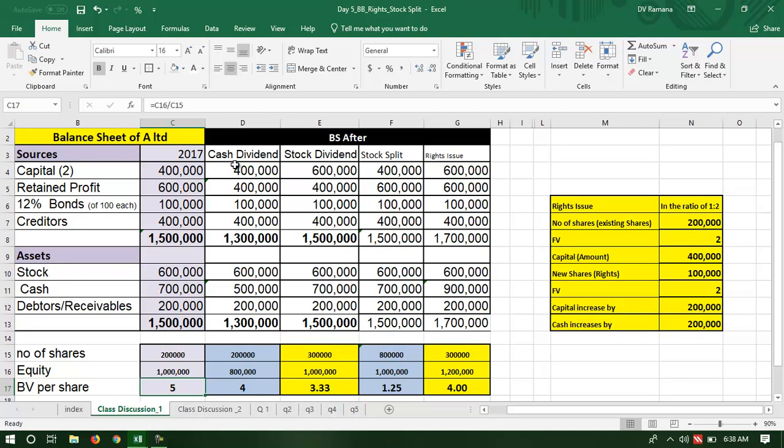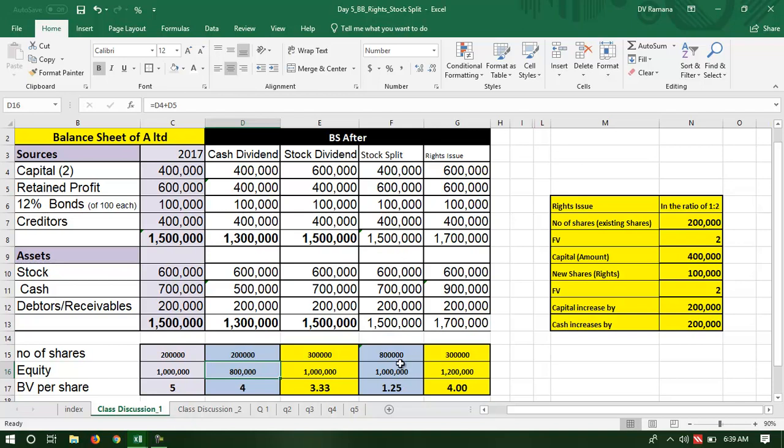In case of stock dividend, the book value has decreased because the number of shares has increased. In case of cash dividend, book value has decreased because the equity has decreased.